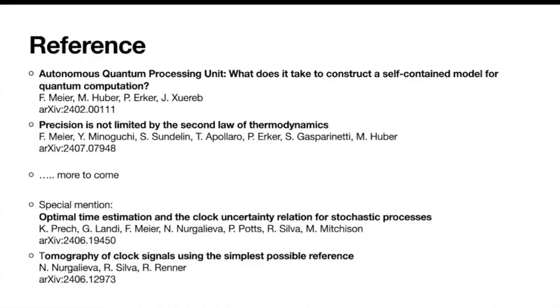These are the references to what I told you about the autonomous quantum processing unit, and the second one, the ring clock, where one can derive accuracies that are not limited linearly by the entropy production, but only exponentially. So the accuracy scales exponentially with the entropy production.